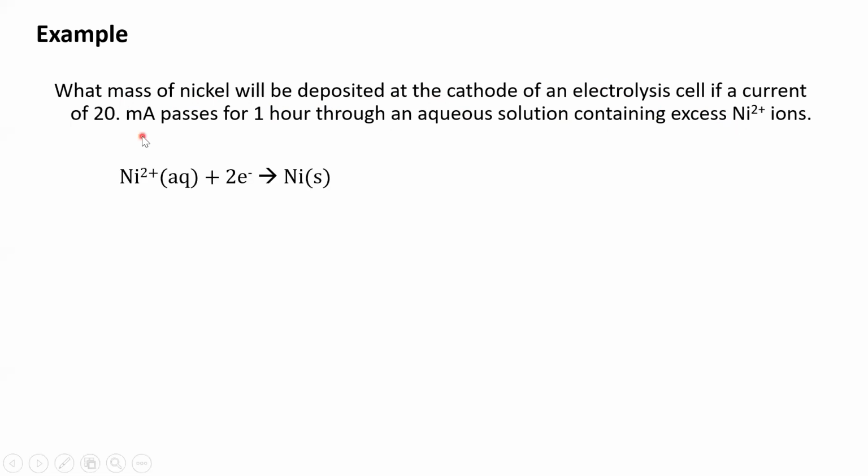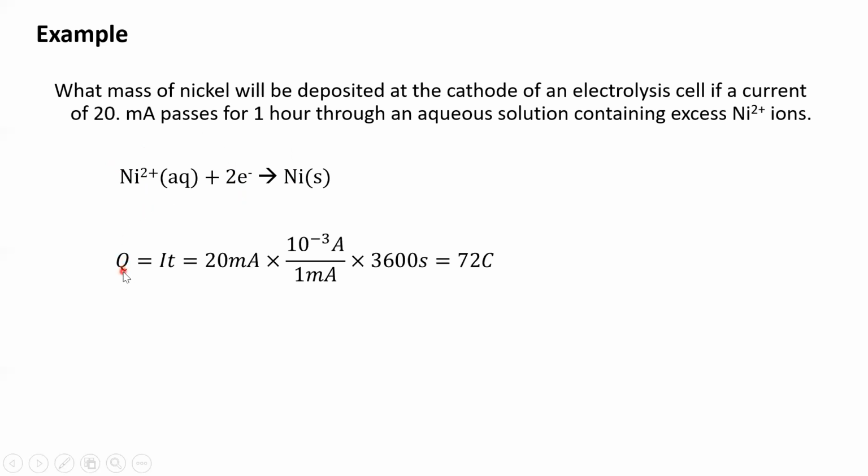All right, first of all, the nickel ions are going to absorb electrons and become nickel atoms. And the ratio is a 1 to 2 ratio. That's going to be important.